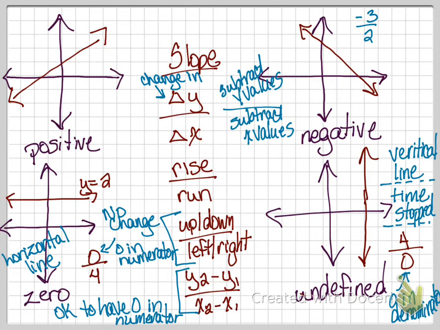So when you have a vertical line, you have a slope that's undefined. And 0 and undefined are not the same thing. So you definitely want to make sure you know the difference between a 0 slope and an undefined slope. Okay? Is it okay if I go to the next screen?